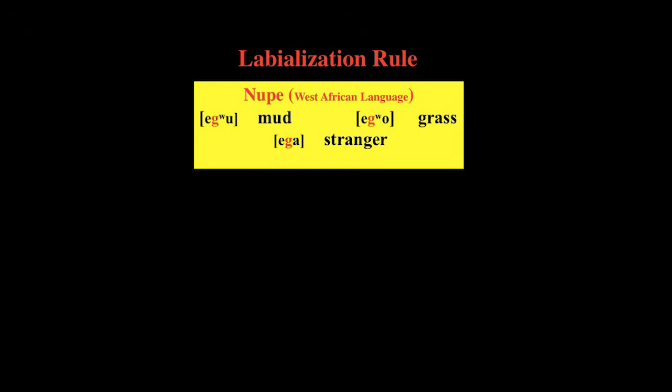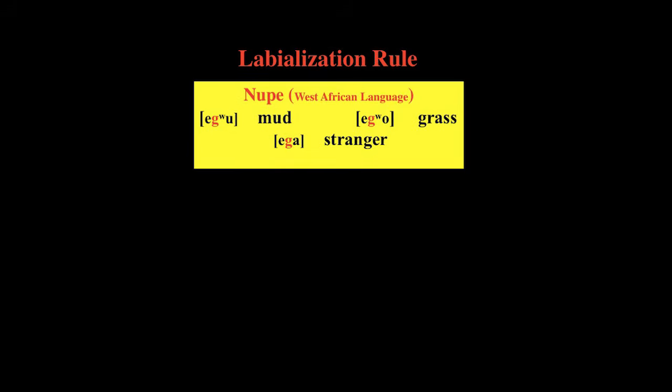But if you try to understand why, you will notice that the g sound is followed by a spread vowel in the word ega. That's why there is nothing happening to the g sound. But in the two words egu and ego, we find that the g sound is followed by rounded vowels.